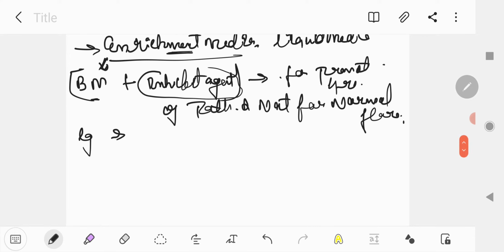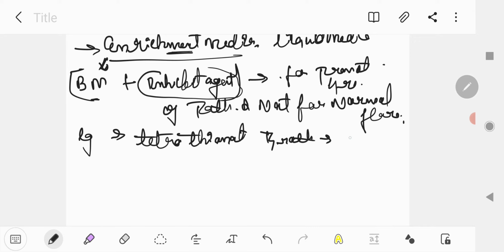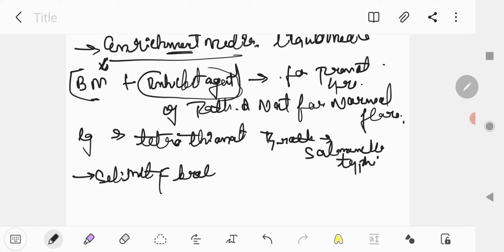First is the tetrathionate broth, which is for Salmonella typhi. Second one is the Selenite F broth, sorry for my spelling mistake.